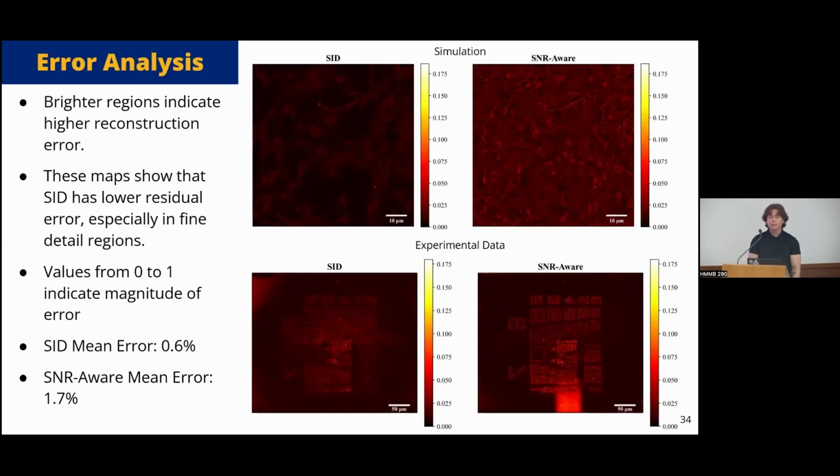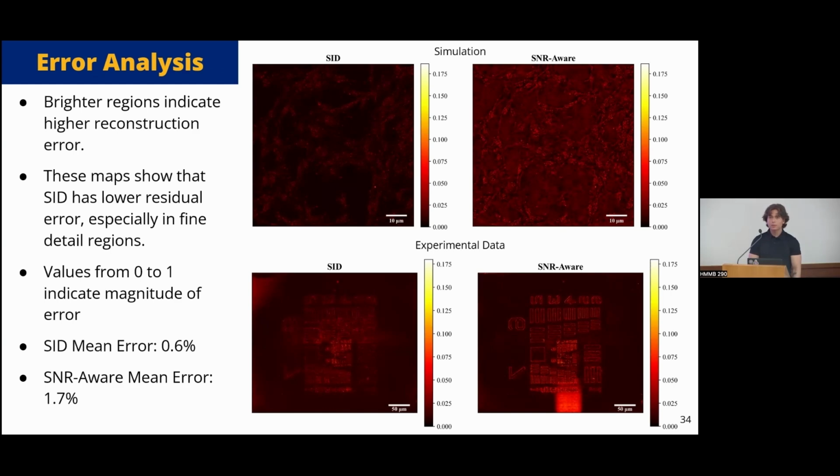We also perform an error analysis by plotting the absolute error maps for each of the reconstructions. These maps were plotted by taking the difference between the reconstructed image and the ground truth. Brighter regions in these images indicate higher reconstruction error. Again, we may observe that the SID model has lower residual error, especially at the edges of objects in the image and in fine structure detail regions.